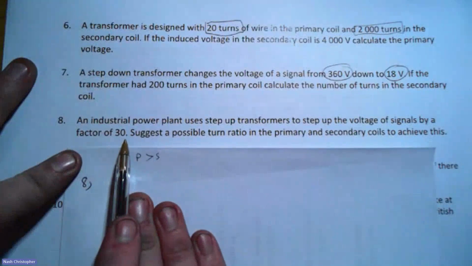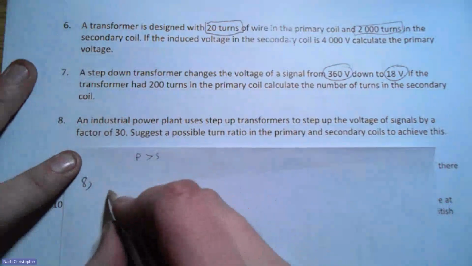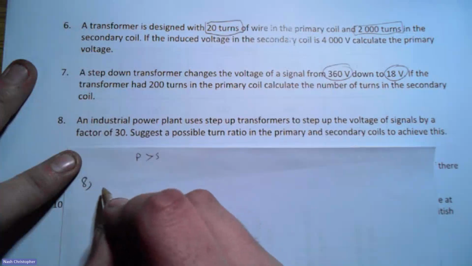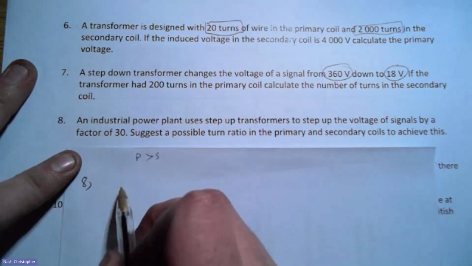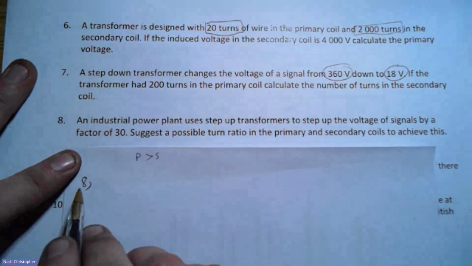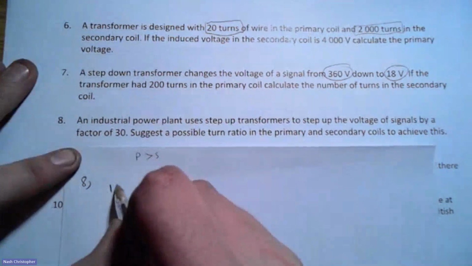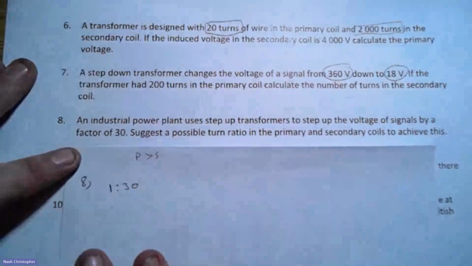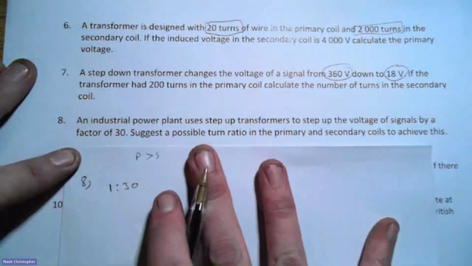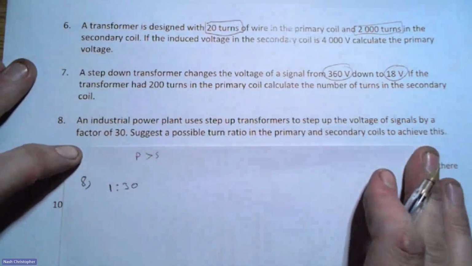So if you think of it as a ratio, the difference has got to be a factor of 30. And because it's a step-up transformer, you'd have to have a ratio of 1 to 30. So this is basically saying suggest a possible turn ratio in the primary and secondary coil.